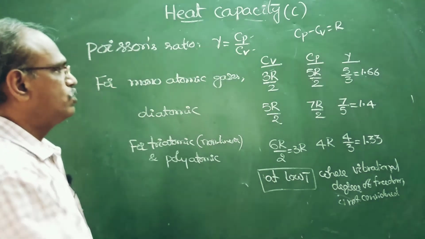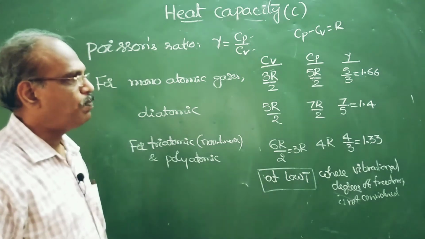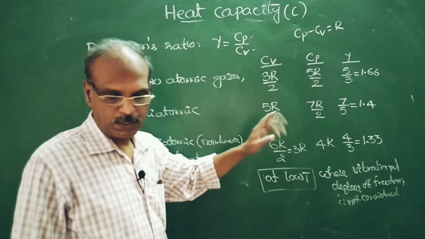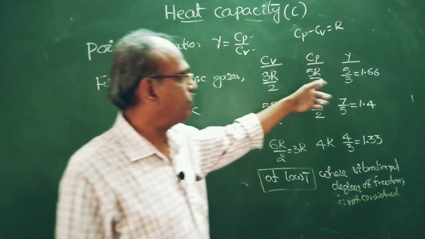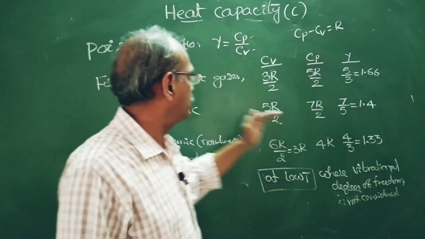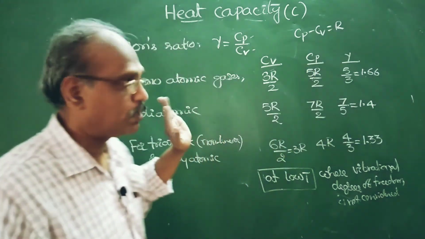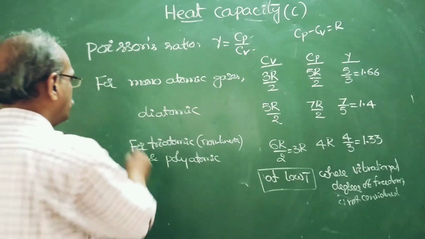Okay. So these are the Cp and Cv values and Poisson's ratio. For monoatomic gases, it is better to remember 1.66. With the increase of atomicity, gamma value decreases. So that is one more point to remember.